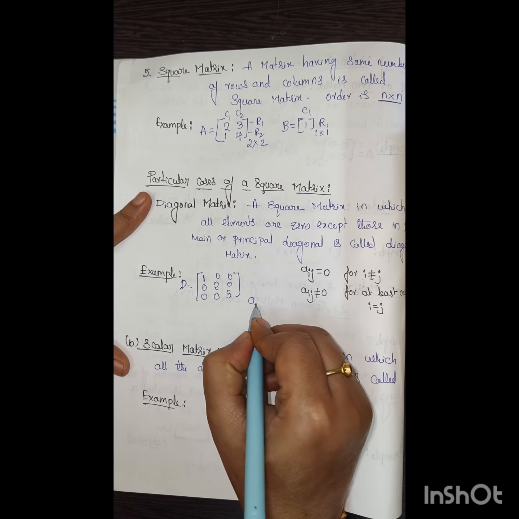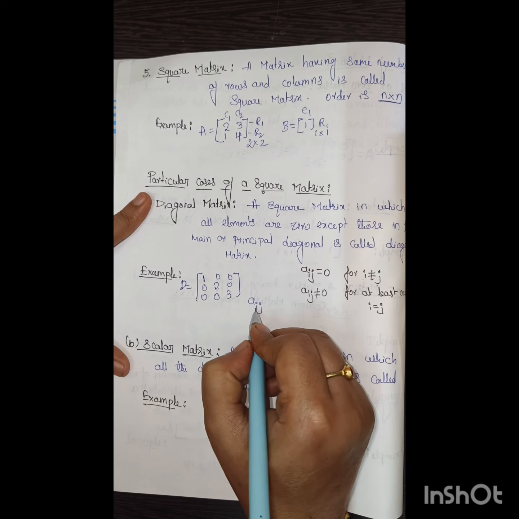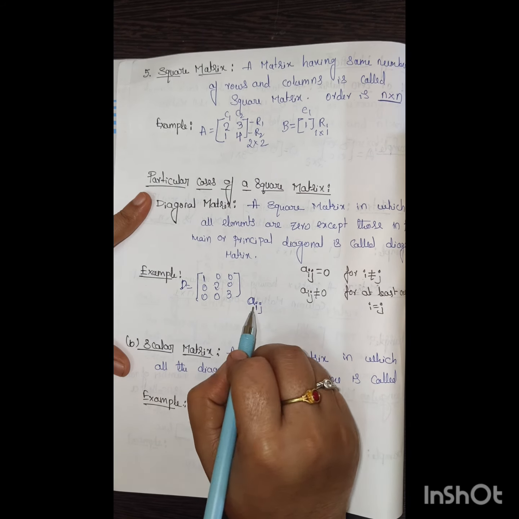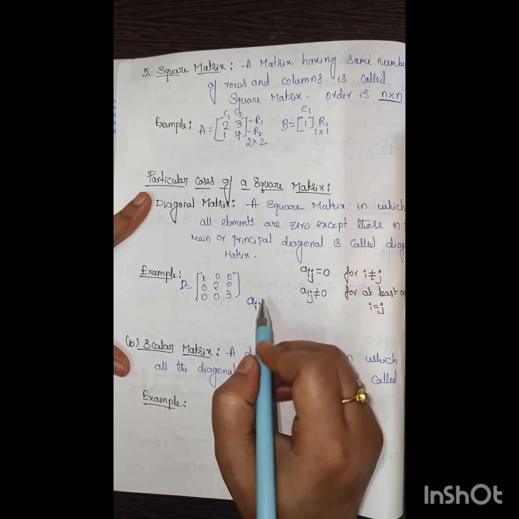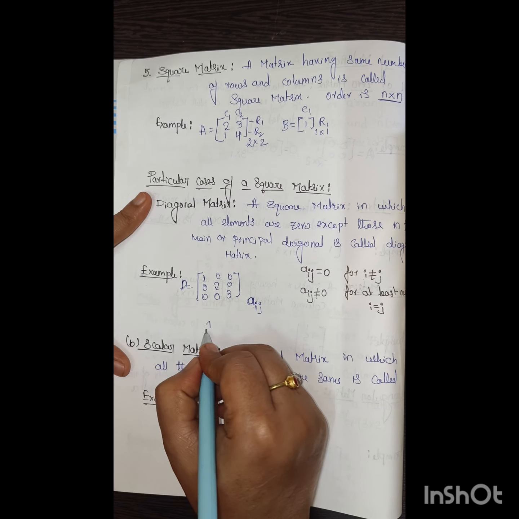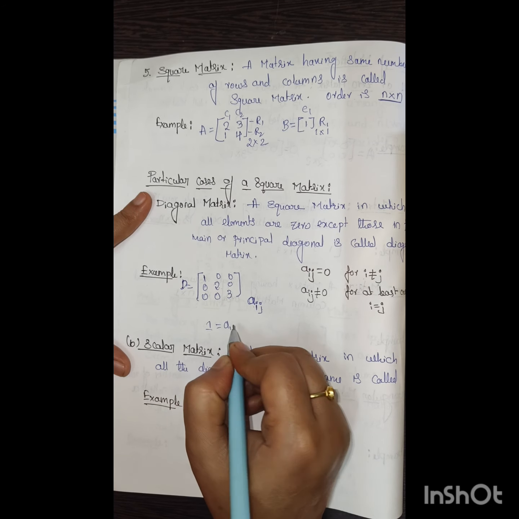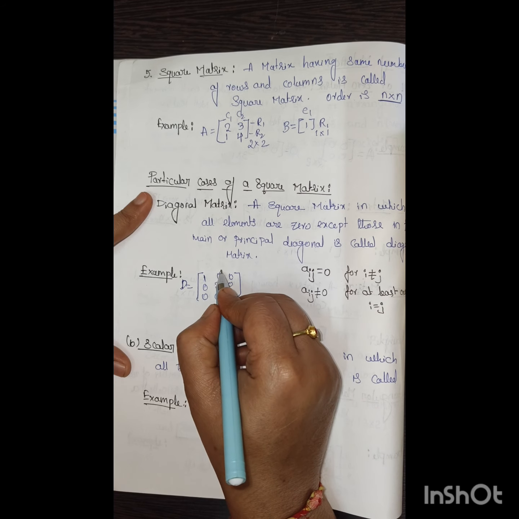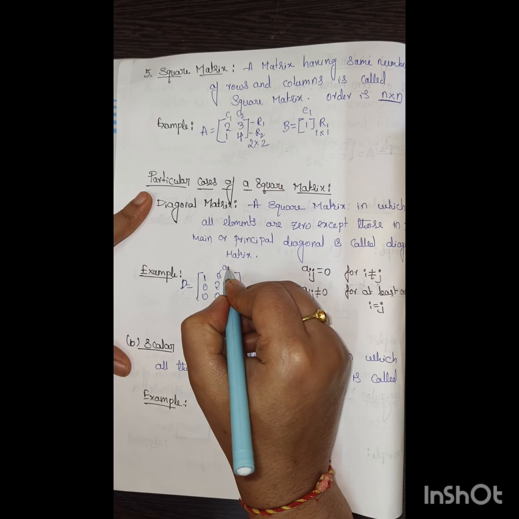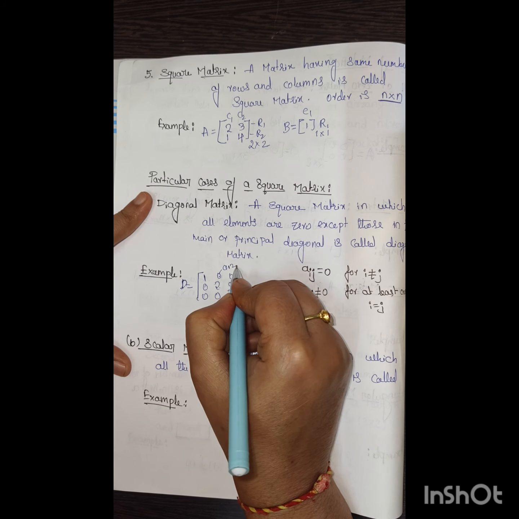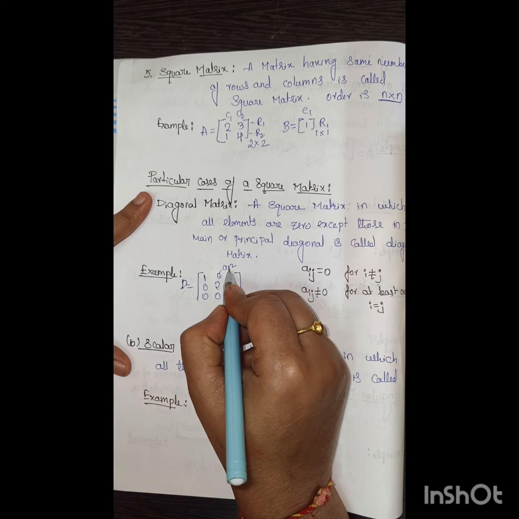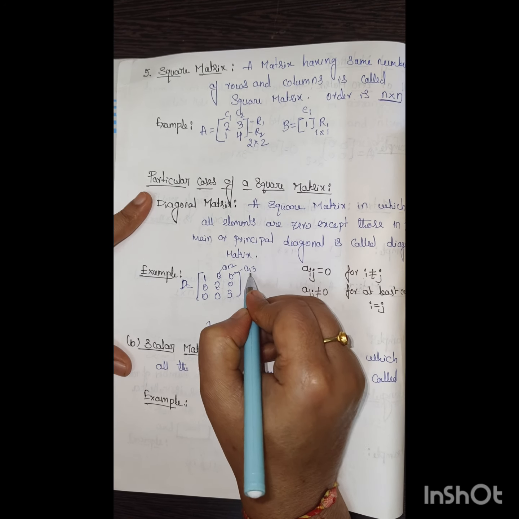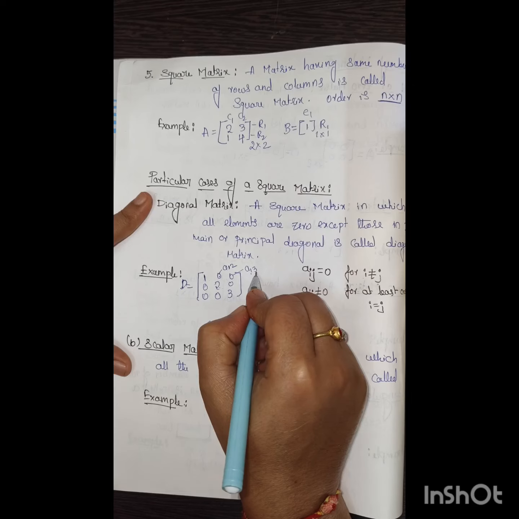What does small i, small j indicate? This element A is one of the elements of the matrix, and it tells which row and which column it belongs to. If we write A11, it indicates that it belongs to the first row and first column. If we write A12, it means it belongs to the first row and second column. And if I write A13, it indicates first row and third column.